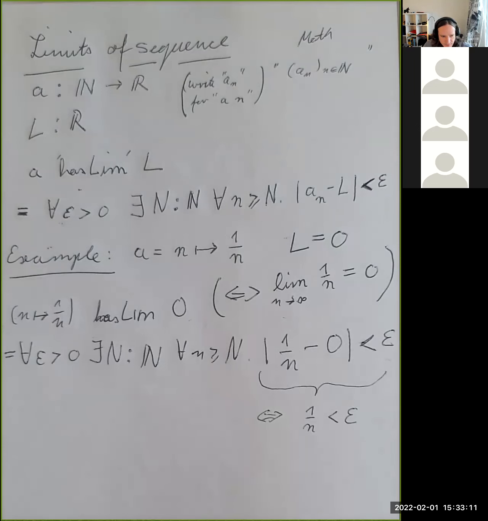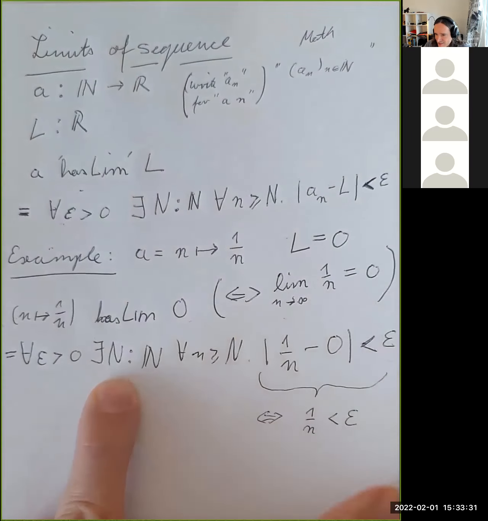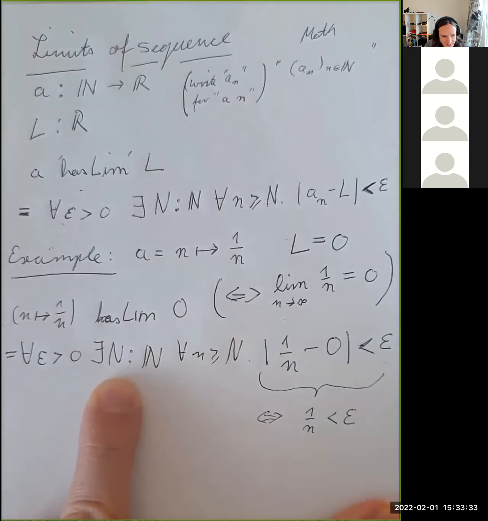Okay, that's a good idea. So guess a capital N that satisfies this constraint.